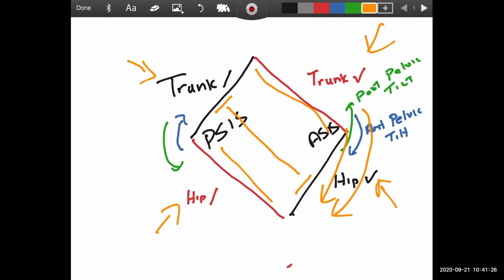So if we had a person stuck in anterior tilt, maybe our iliopsoas is going to be tight, maybe our rectus femoris is going to be tight, our erector spinae is going to be tight. And then our hamstrings and our rectus abdominis are going to be kind of stretch weak. They're going to be loose, so we're going to have to strengthen them a little bit.